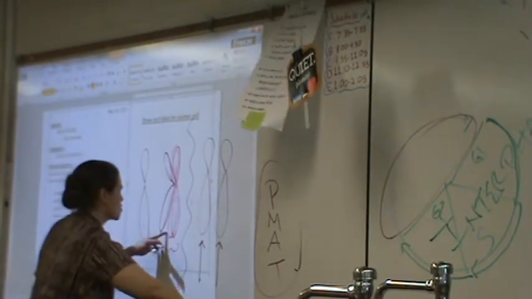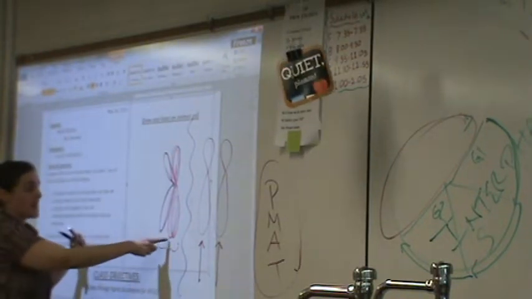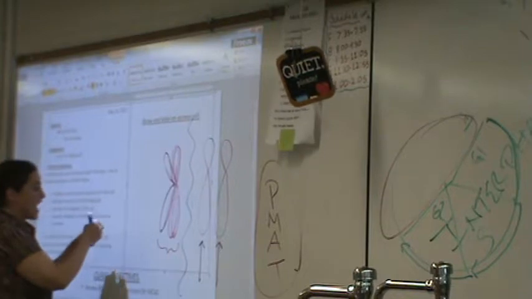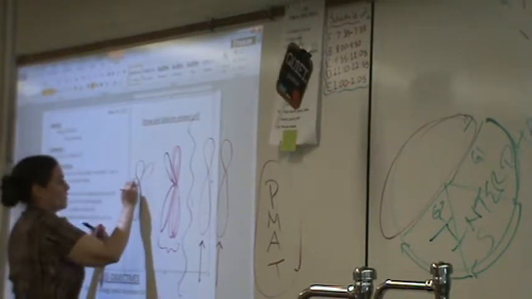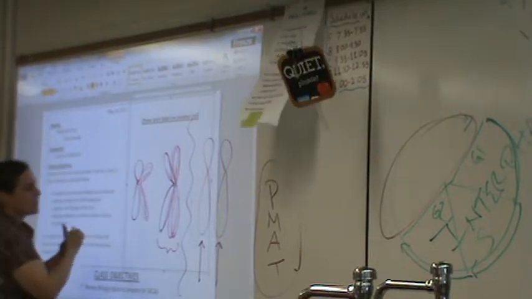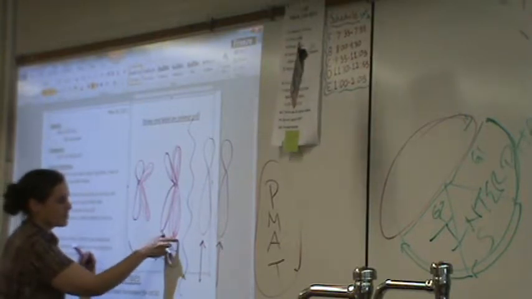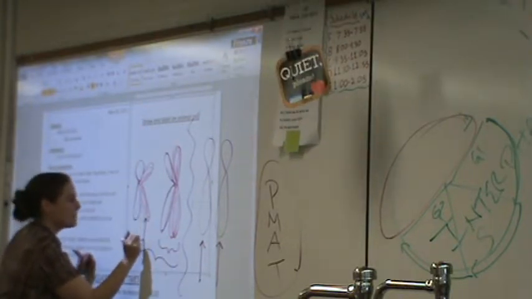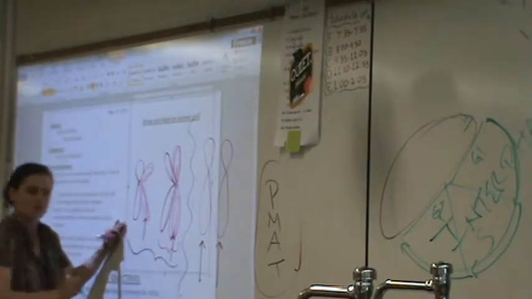In order for me to show you homologous chromosomes that have already been copied, I would show now these are homologs, a set from mom, a set from dad. This is the copy of the chromosome from mom. This is the copy of the chromosome from dad.